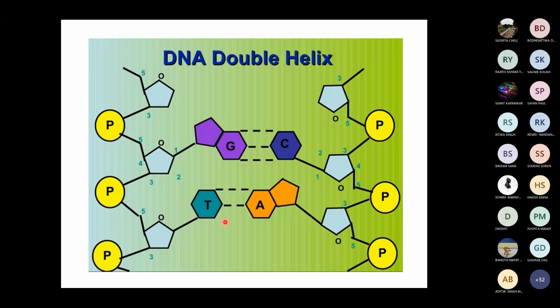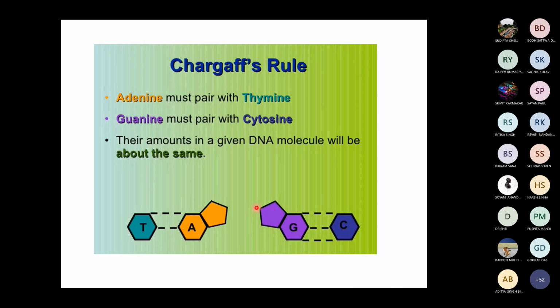Now when this base pairing happens, there are certain rules for base pairing in the DNA as well as the RNA. That is known as Chargaff's rule. Chargaff proposed this rule, and he found that purines form bonds with pyrimidines. Adenine, which is a purine, binds with thymine, which is a pyrimidine.